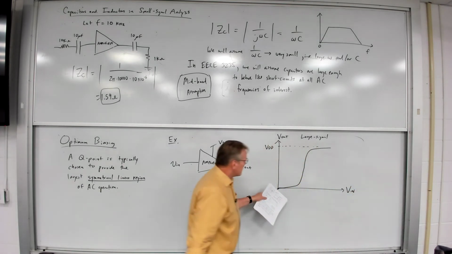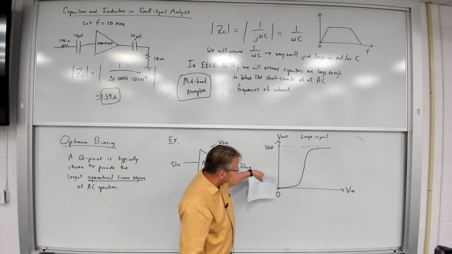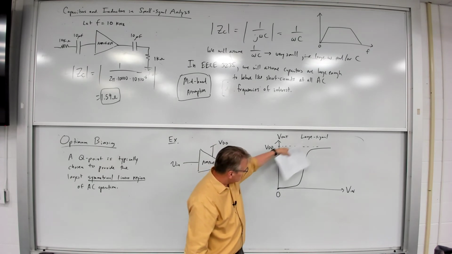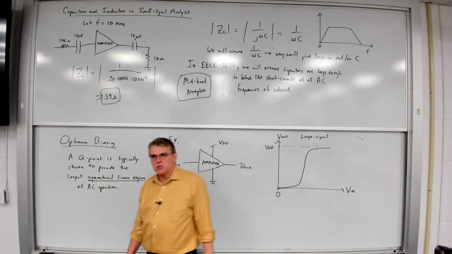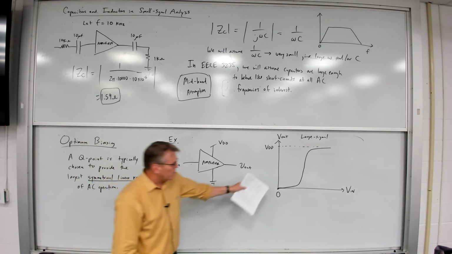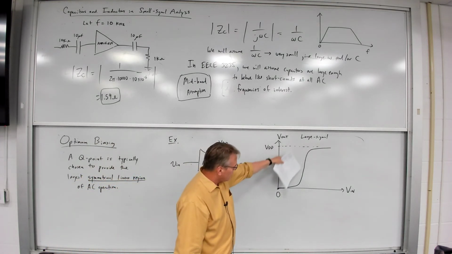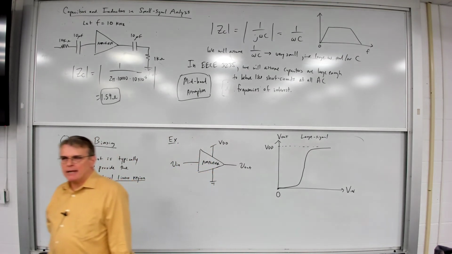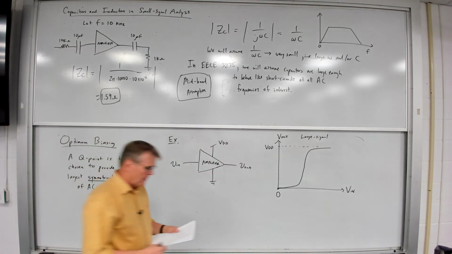So close to the power supplies, you'd find that the circuit doesn't amplify very well. It saturates, the amplifier saturates. But when we get away from the power supplies, we'll have a range where the amplifier gives us lots of gain, lots of amplification, nice and linear.